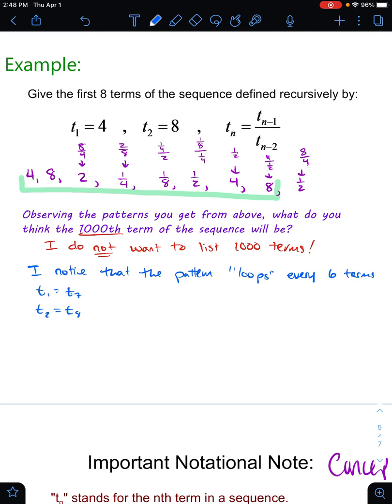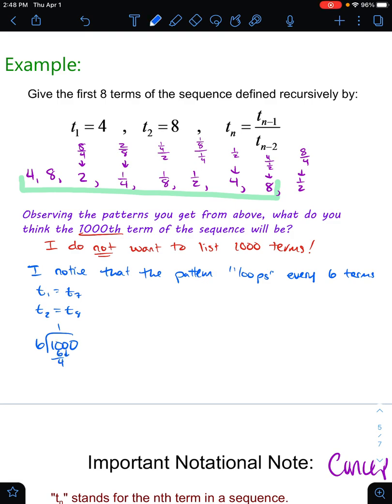So what I think I could do is just figure out where in the list I'm going to be. So if I take 1,000 and divide it by 6, I should know how many loops it makes and then figure out what's left over. So 6 goes into 10 once. That's, whoops, I can divide, to everybody, it's clearly been a long spring break.